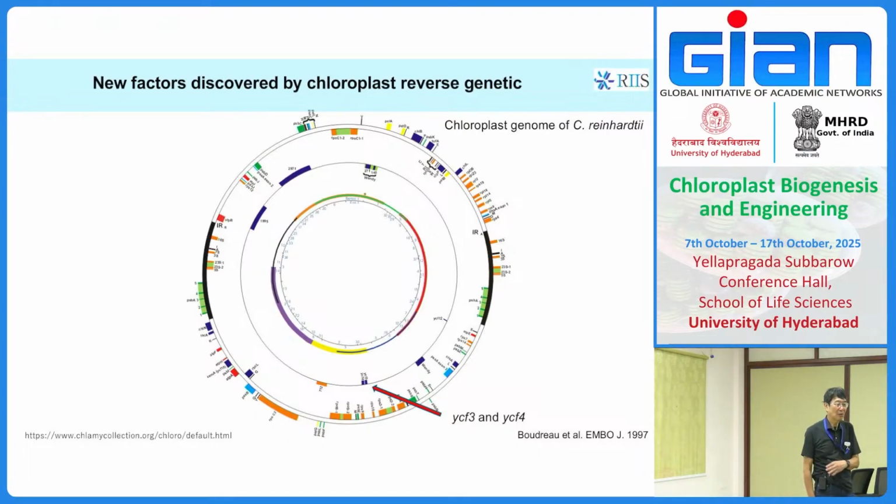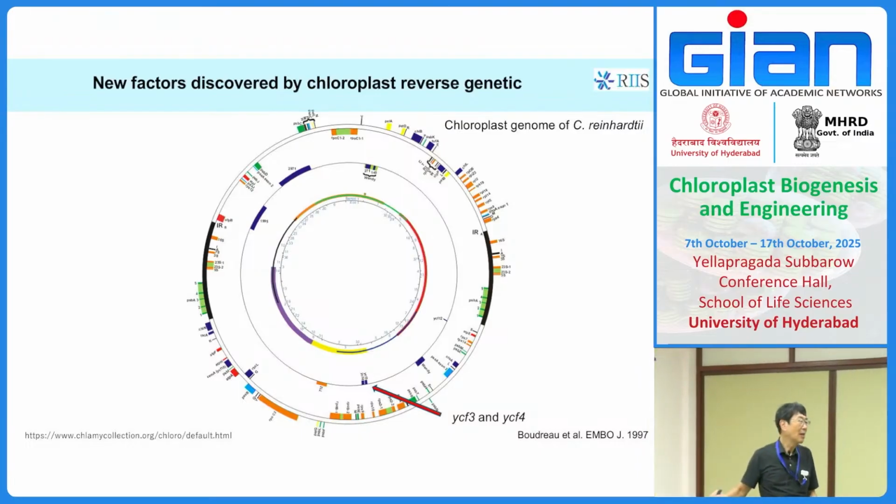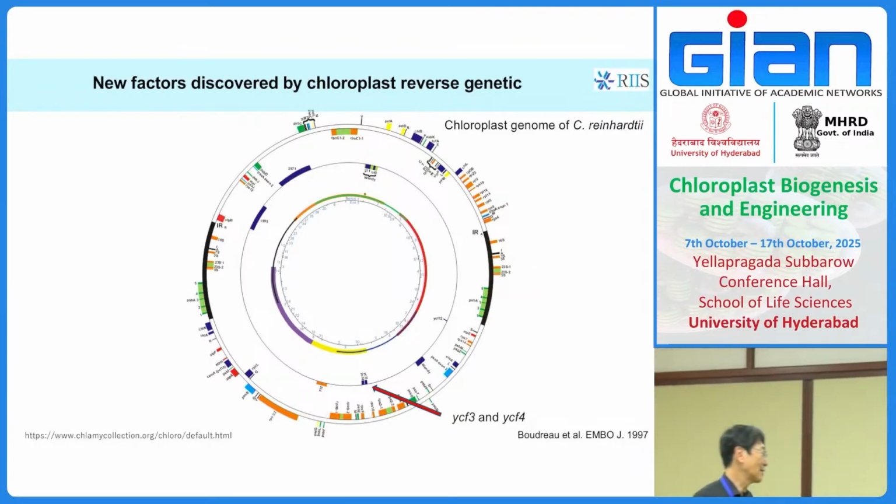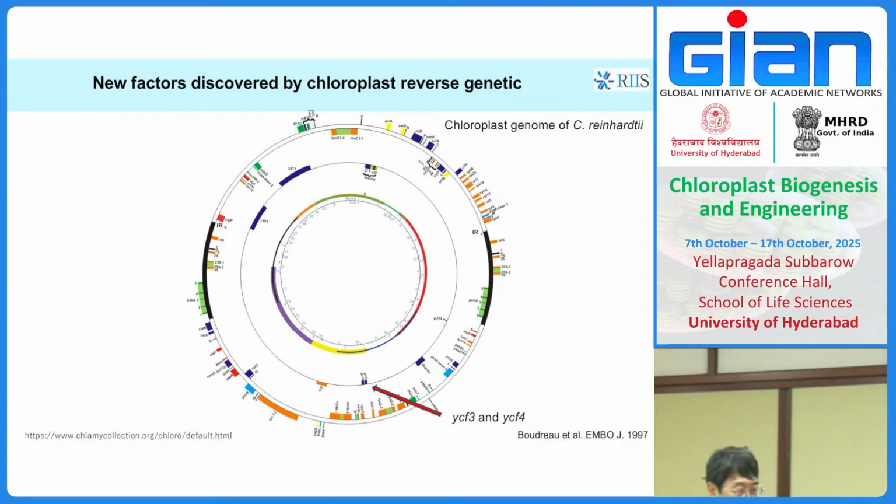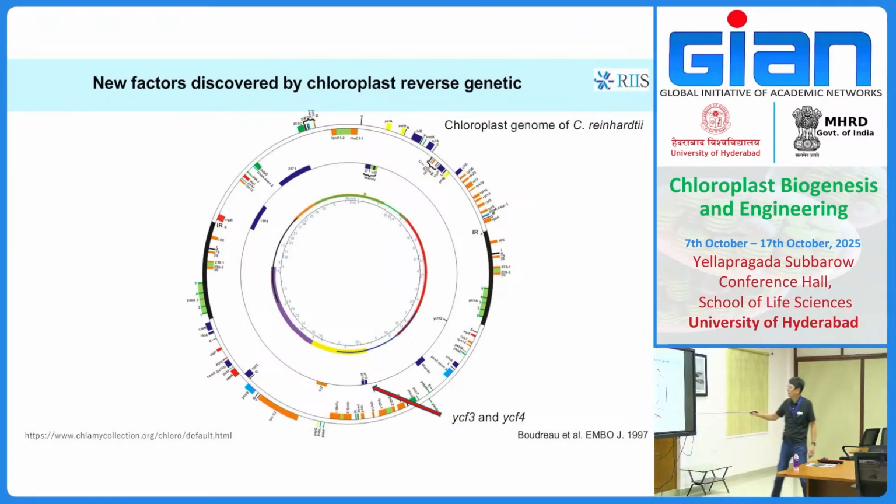But this was not reported before, so we didn't know. Actually, we found that YCF3 and YCF4 are translated, and the proteins are present, as we detected by immunoblotting. We raised antibodies against YCF3 and YCF4 and found they are present in the cells, in the chloroplast, in the thylakoid. And if we knock out YCF3, of course, but YCF4 is present, PS1 is gone.